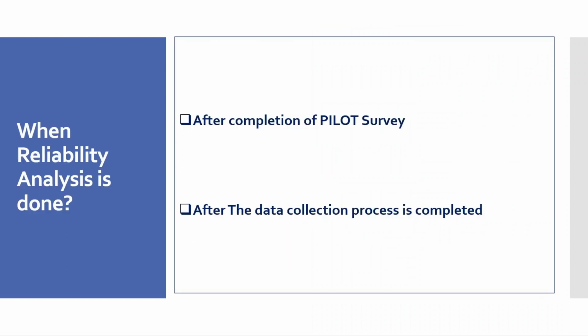When is reliability analysis done? It is preferred on data collected through pilot surveys, that is right before you collect data from the final respondents. Or it can be done after the whole data has been collected from all the respondents. Reliability analysis after pilot surveys ensures that a modified, rectified or changed version of the questionnaire is presented to the final respondents of the sample size.